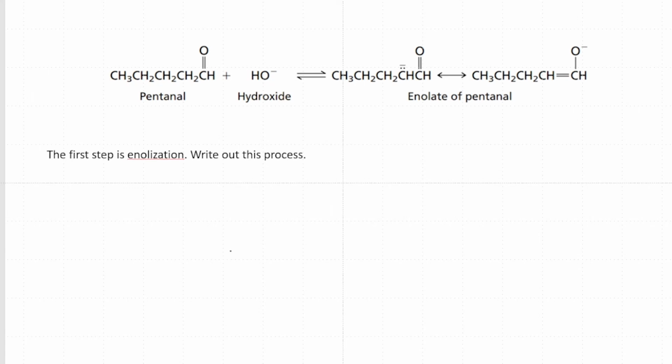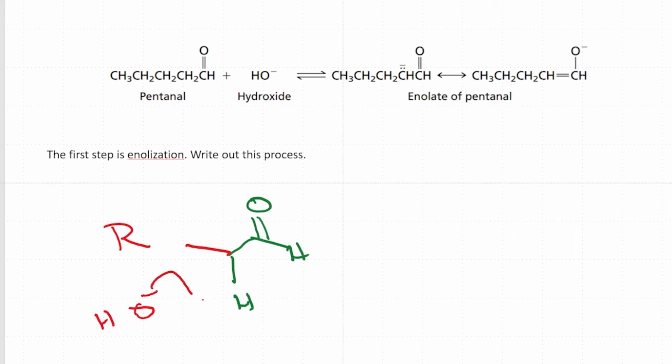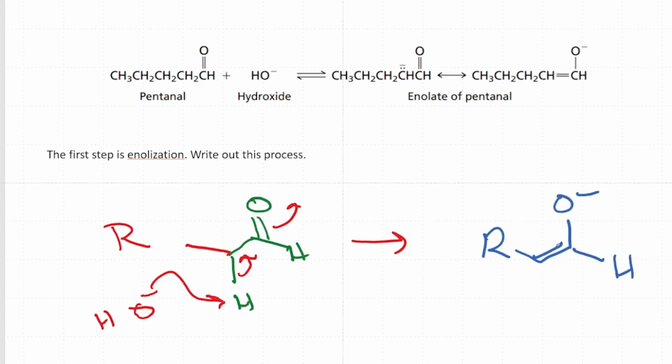So in order to draw that out, if I assume that this is the aldehyde and here is a hydrogen, right? So you have R here and you have hydroxide attacking here and producing, to give you the enolate.